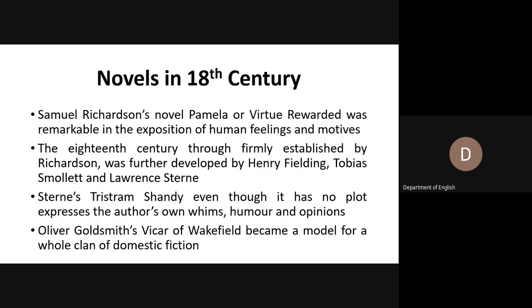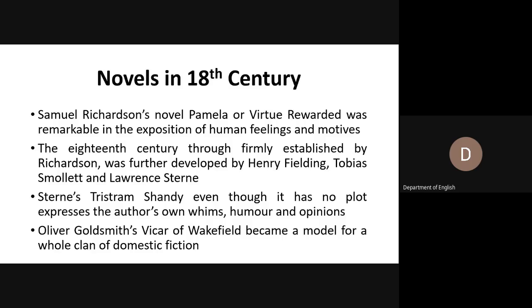Let's turn our attention to the change in novels that came in the 18th century. Samuel Richardson's novel Pamela, or Virtue Rewarded, was remarkable in the exposition of human feelings and motives.